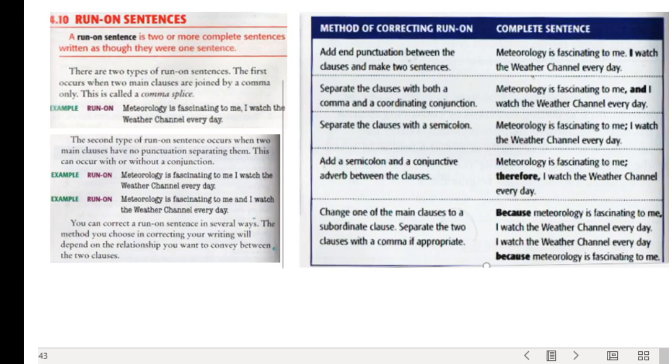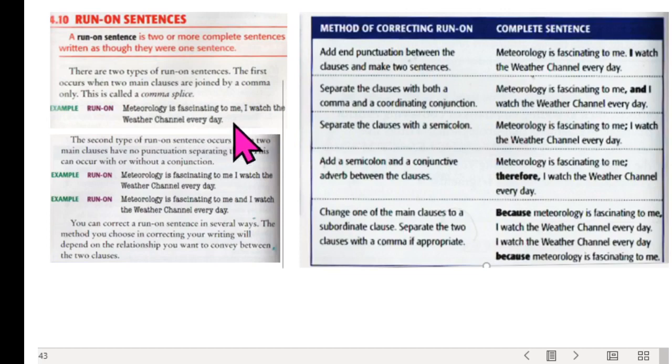For run-on sentences, it is when we don't write the punctuation or we separate clauses with commas, not adding the appropriate connectors. Okay, so one example here is: meteorology is fascinating to me. I watch the Weather Channel every day.